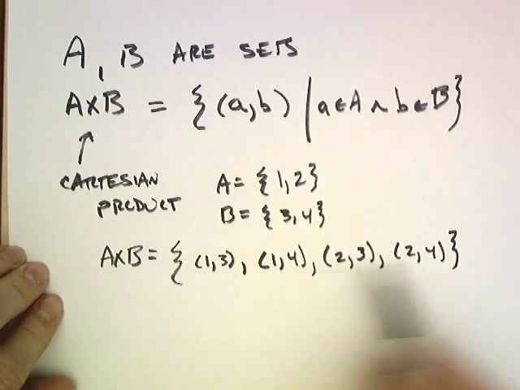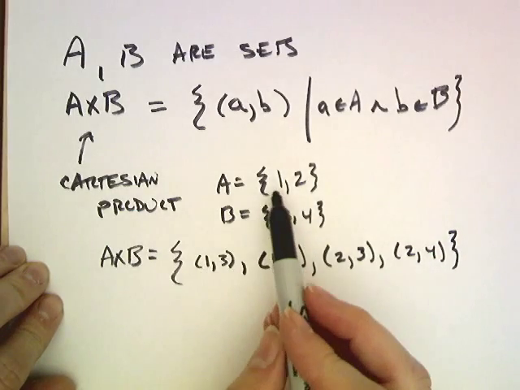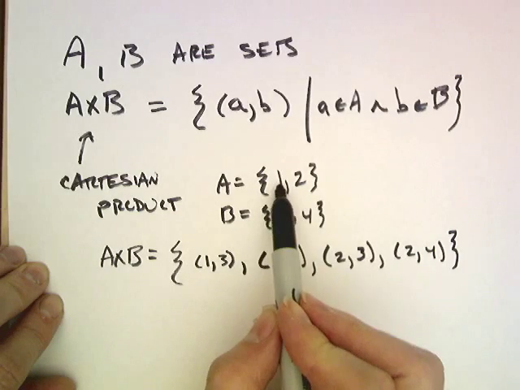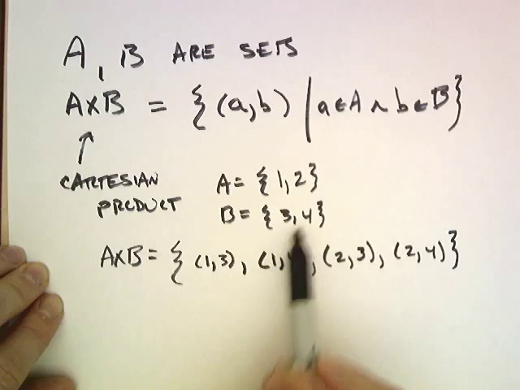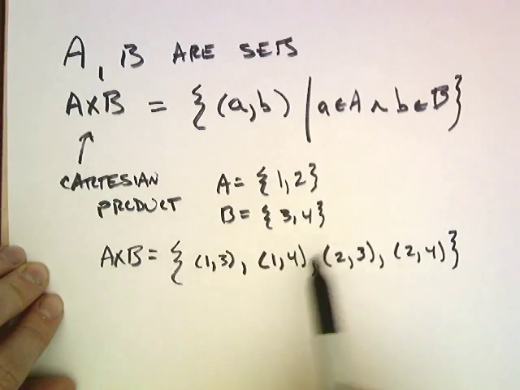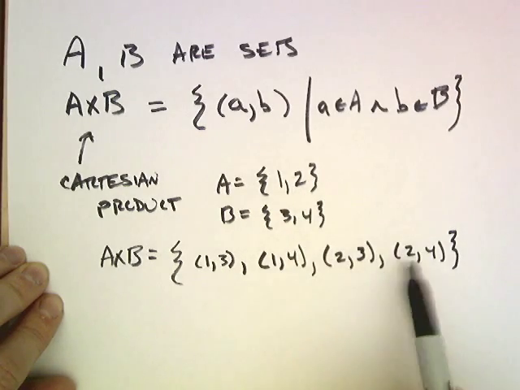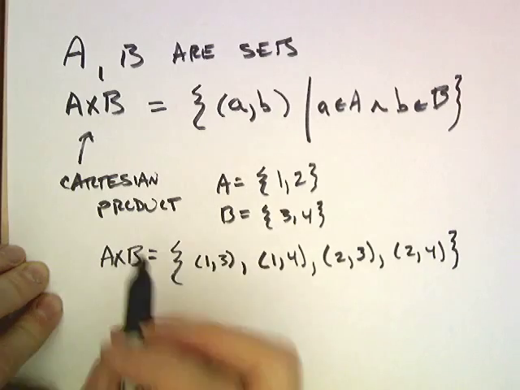Okay, so it's going to have 4 tuples. So, you take one element in A and you add on every element of B here. So we have (1, 3), (1, 4), and then we have 2, so we have (2, 3), (2, 4).